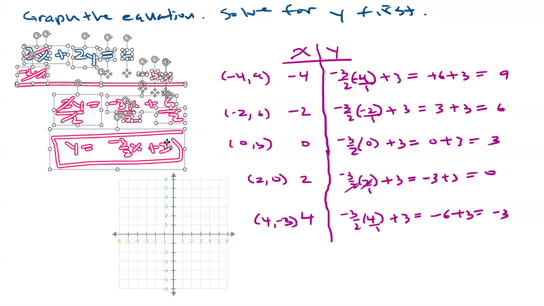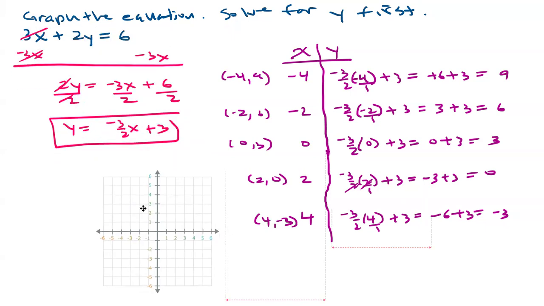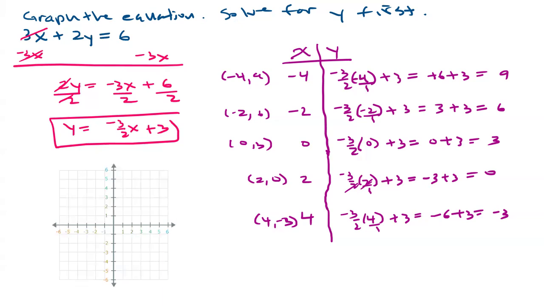Let me move this a little bit here. So I have -4, 9. So 7, 8, 9, so 9's up here. So -4, 9 is here. Then we have -2, 6 here. Then we have 0, 3.